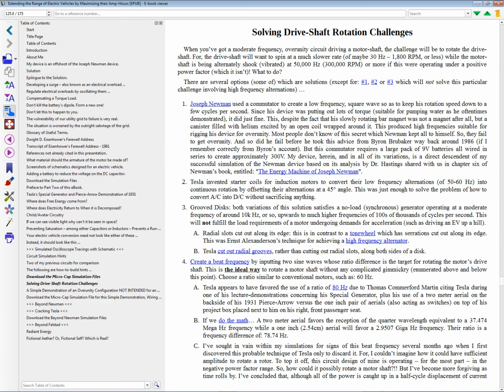I assumed them to be an inch in height, and the aerial, although not exactly 2 meters, I just rounded off to 2 meters.